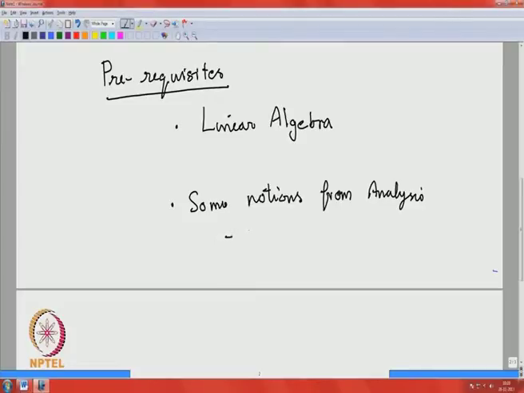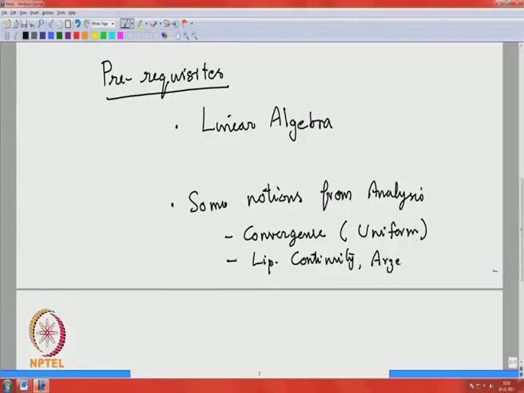like convergence, especially uniform convergence, notions like Lipschitz continuity, something like the Ascoli theorem, and some theorems like the Banach fixed point theorem.